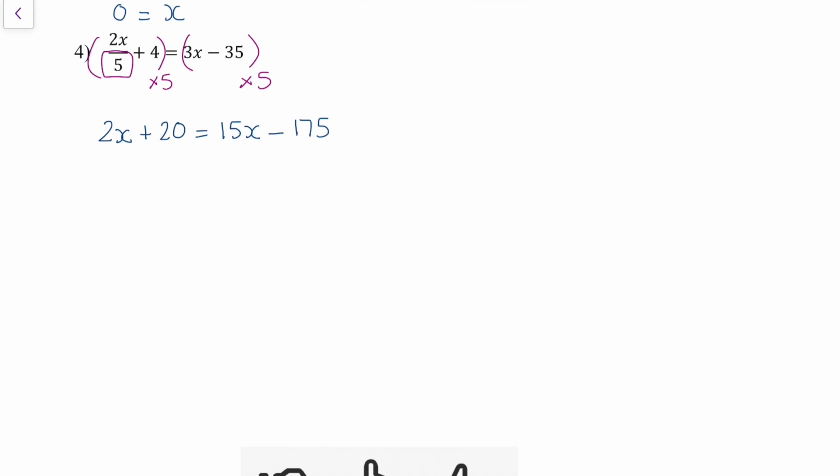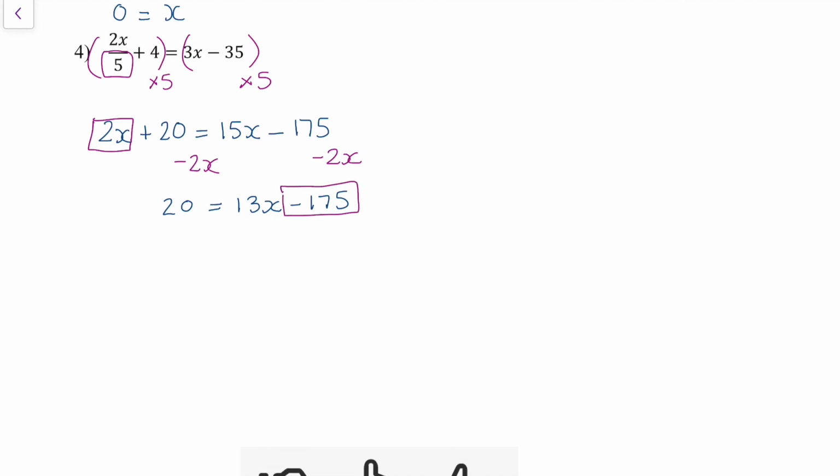And now I can work on getting rid of the x on one side. I'm going to keep the 15x because it's a bigger positive number. So I'm going to look at getting rid of this 2x. So I'm going to minus 2x. And I'm left with 20. And then 13x minus 175. And now I want to get rid of this minus 175.